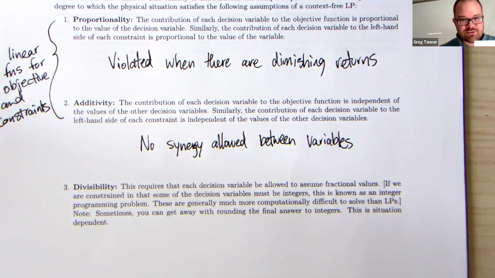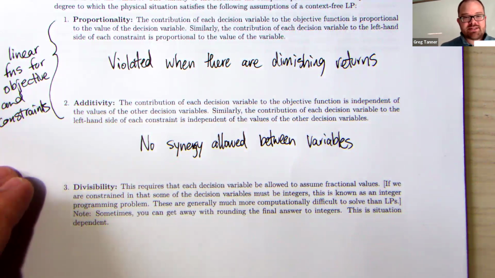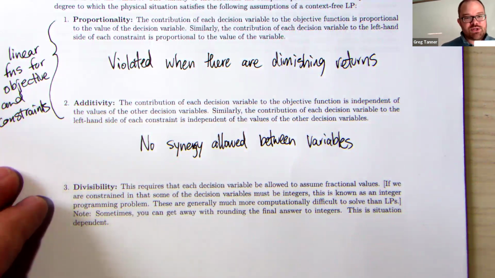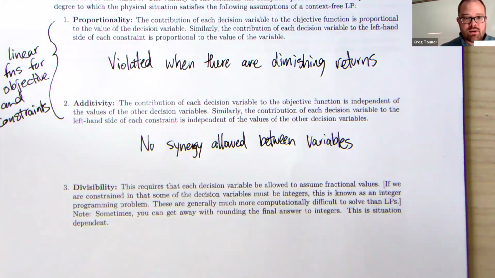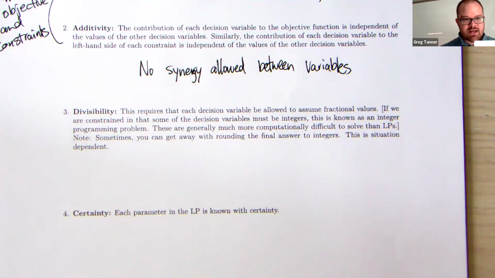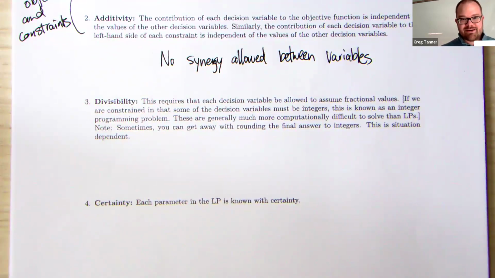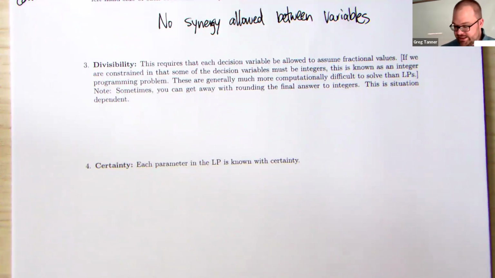Because all of our models are wrong to some extent. Or do we have to use a different technique? And so there are other techniques where we do, for example, allow interaction between the variables. And so we can get into quadratic programming or other nonlinear objective functions. And then there are different techniques used to solve those. But linear programming works in a lot of cases. And so these are two things that we need to make sure of, that it's linear.